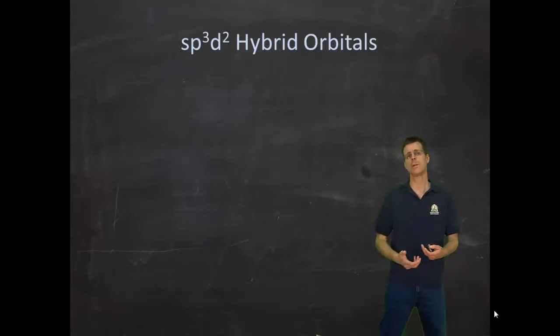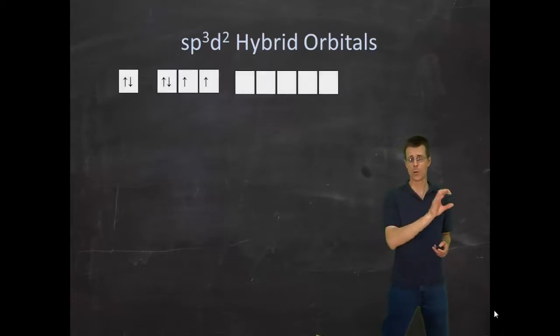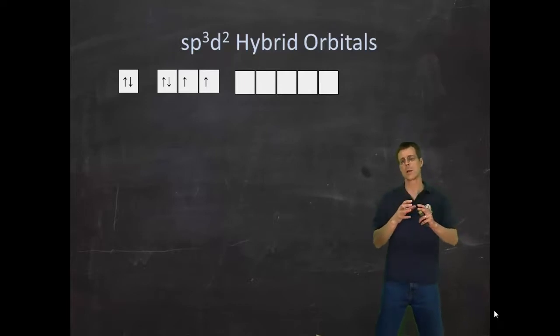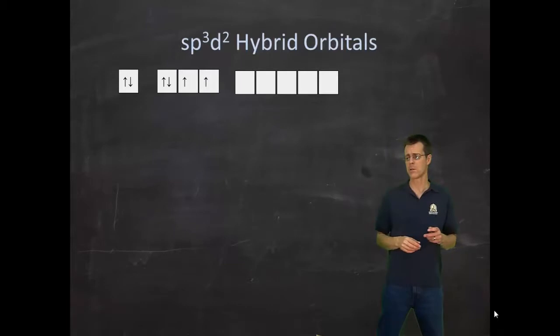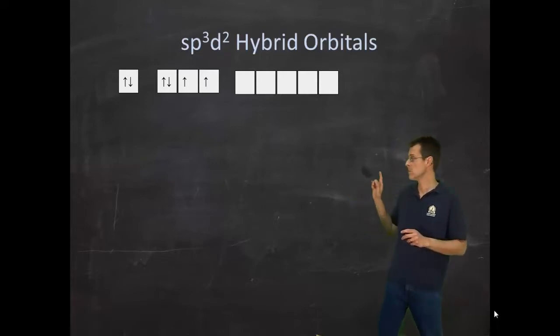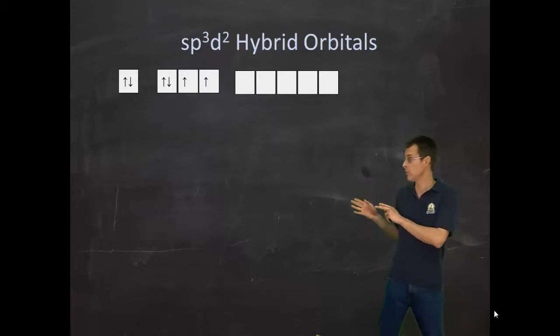Keep the thinking going. On my VSEPR shapes, I go up as high as octahedral, where my central atom has 6 things around it. So if I look at this system, I'm going to call this sulfur, because it has 6 valence electrons, much like oxygen. But the difference now is, unlike oxygen, sulfur has possible d orbitals in the 3rd energy level.